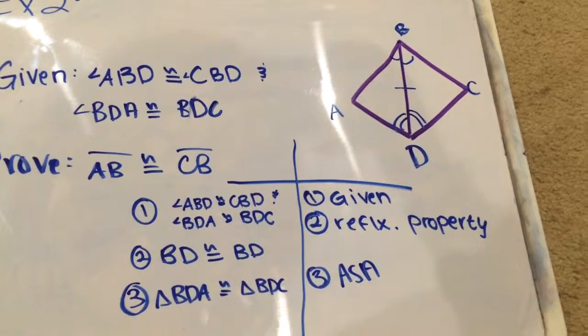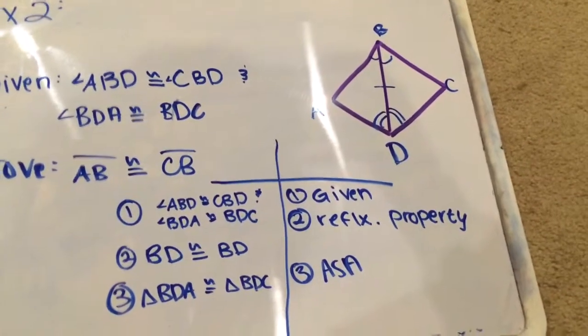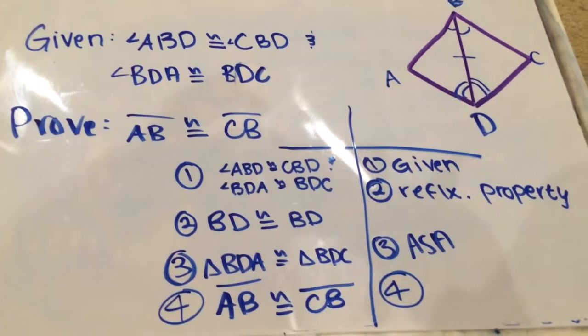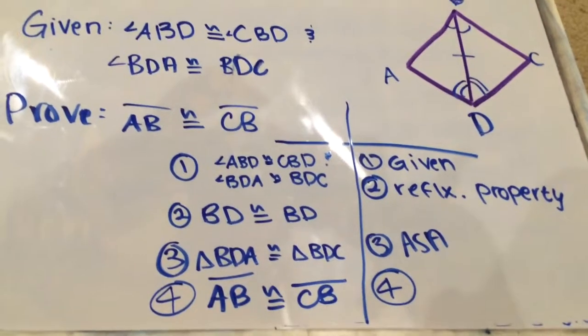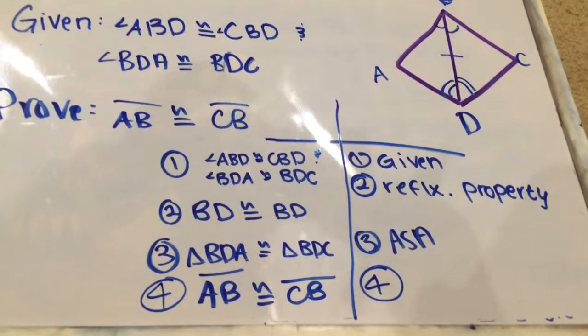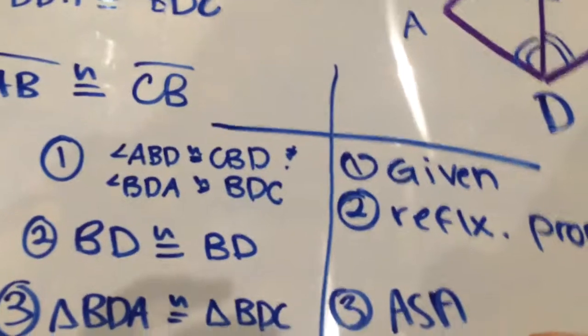And we also know that the triangles are congruent because of angle side angle. And our last step is to write down what we were supposed to prove, and we were supposed to prove that AB is congruent to CB because of CPCTC.